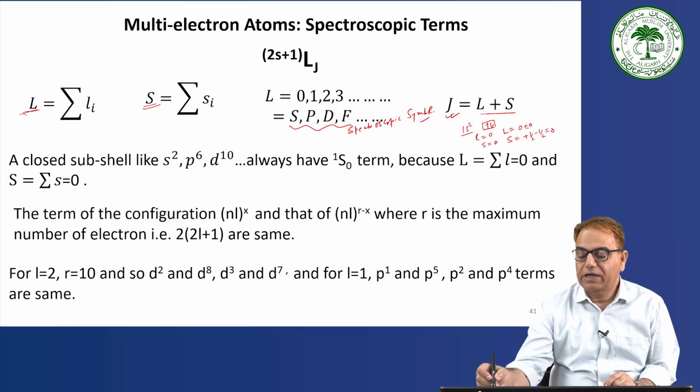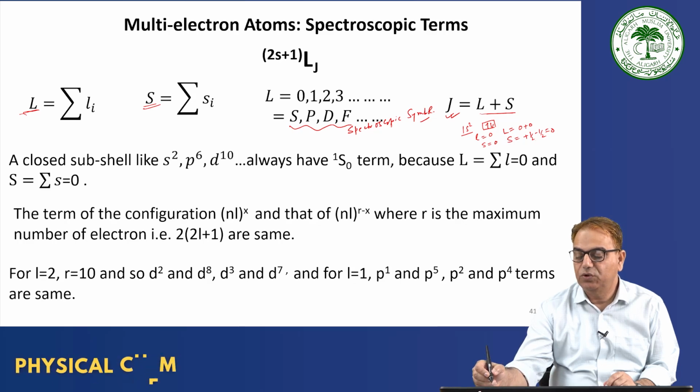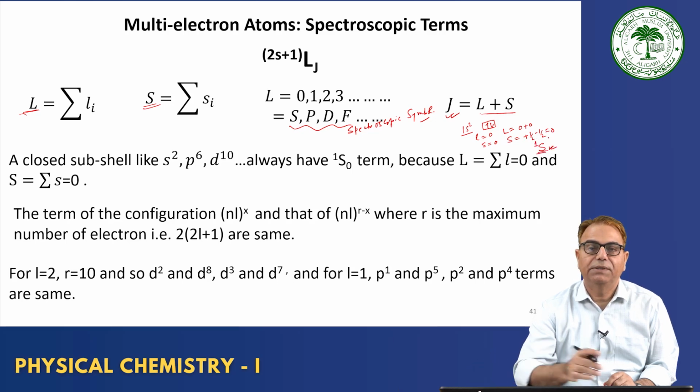So for capital L, the spectroscopic symbol is S. For this configuration, the spectroscopic term you can write is capital S, and then as a superscript, you will write 2S plus 1, and capital S is 0, so 2S plus 1 will be 1, a singlet S. Singlet S will be the term for this particular configuration.